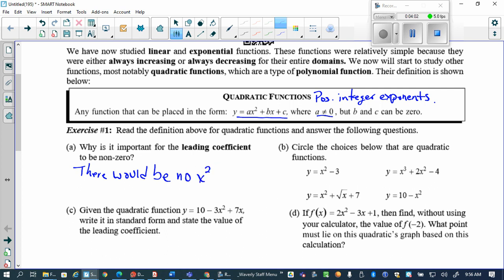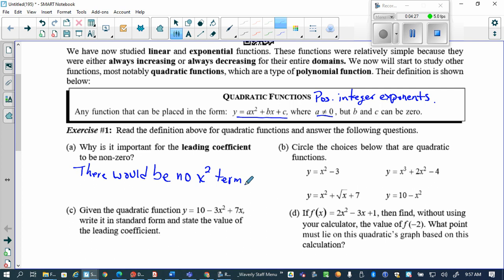Now over in B, thinking about the definition, a quadratic function has highest exponent 2, and all other exponents are positive integers. In part B, they want us to circle the ones that are actually quadratic.